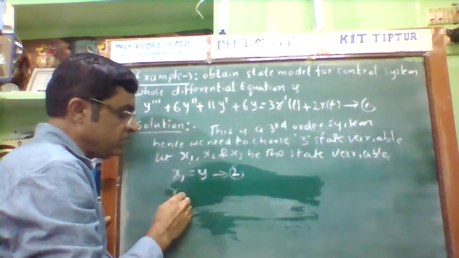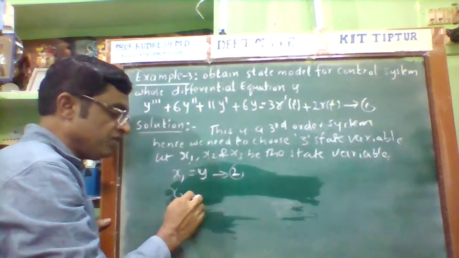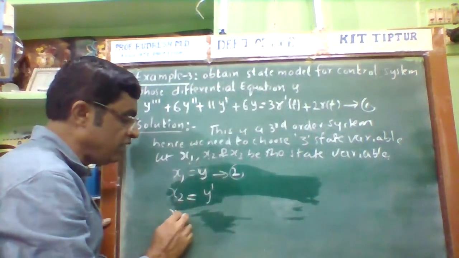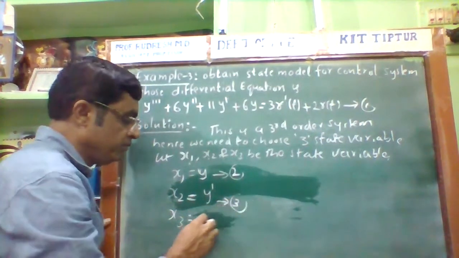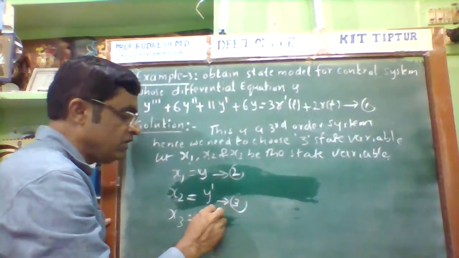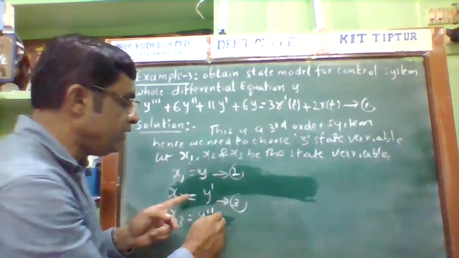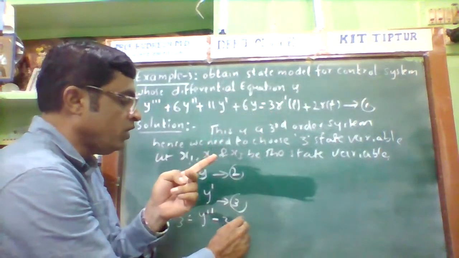The other state variable x2 is equal to the first derivative of the output. Now what is x3? This is called equation 3. It is the second derivative of the output variable minus 3 into r of t.